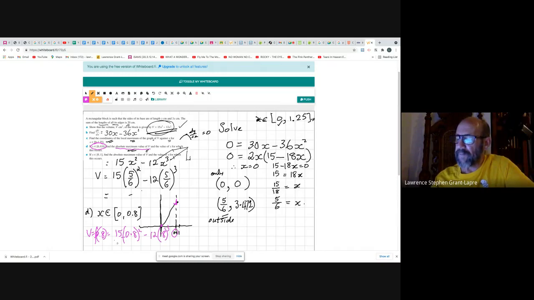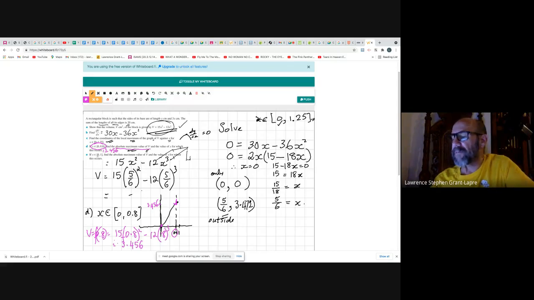I get 3.456. That is the greatest value that it reaches in that interval. There's no other maximums in there. So the absolute maximum is 3.456.